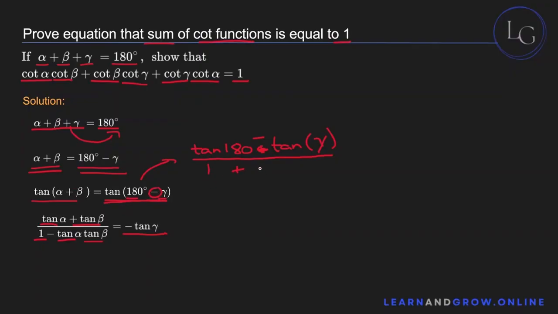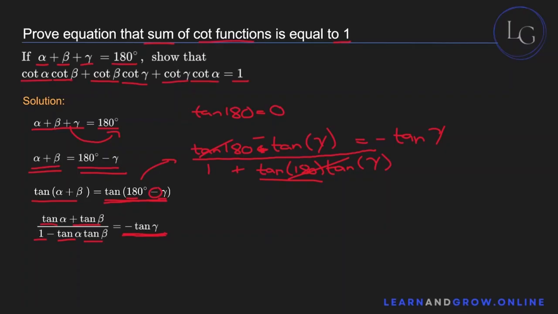So 1 plus tangent of 180 into tangent of gamma. Now, tangent 180 is equal to 0. We already know that that's equal to 0. So eventually you just end up with negative, this becomes 0, you cancel it out, and again, since this is 0, this entire term tan 180 into tan gamma is also equal to 0. So you just end up with negative tan gamma, which is why you have it over here.